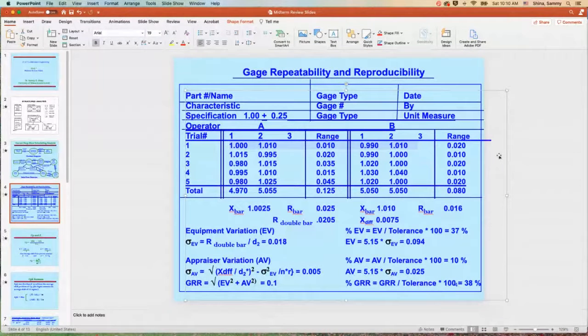We want less than 10%. That the measurement equipment error, as measured by equipment variation, operator variation, and part variation, is less than 10% of the spec. You're not eating more than 10%. I mean, you can tolerate up to 30%, but beyond 30%, your measurement error is most of your spec.